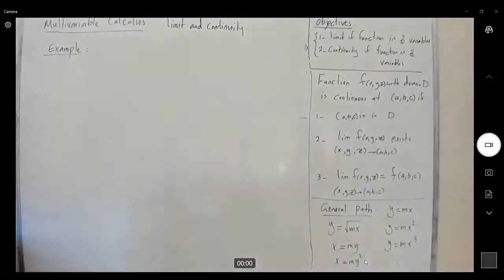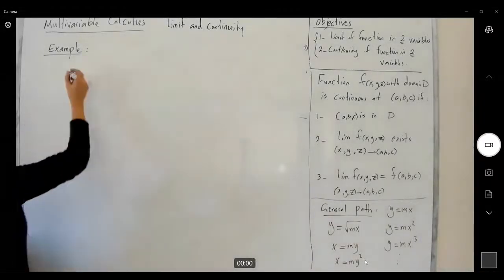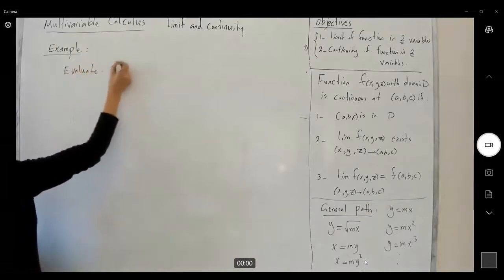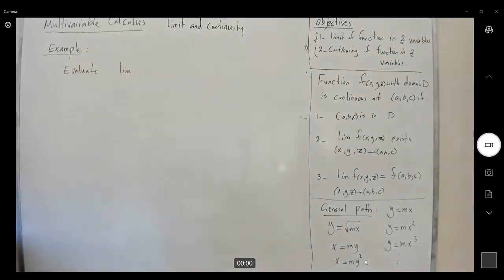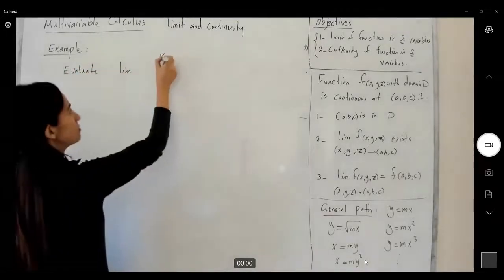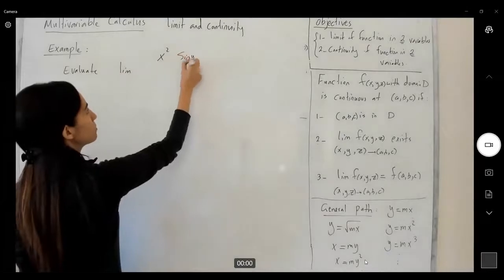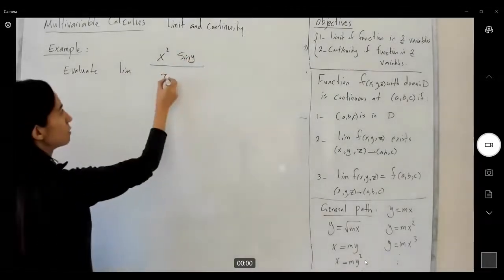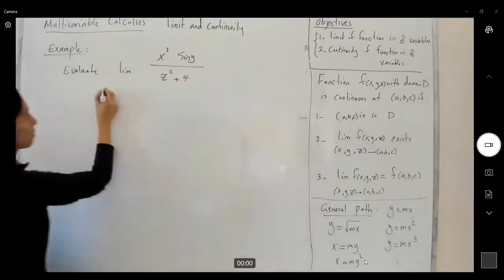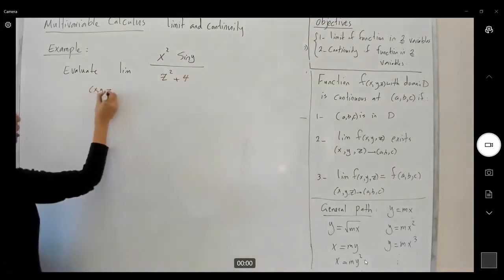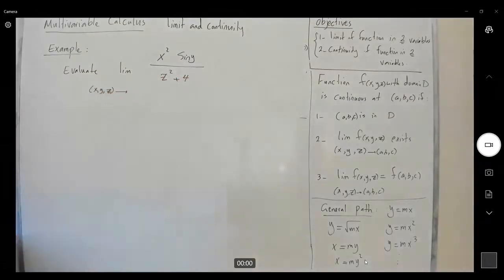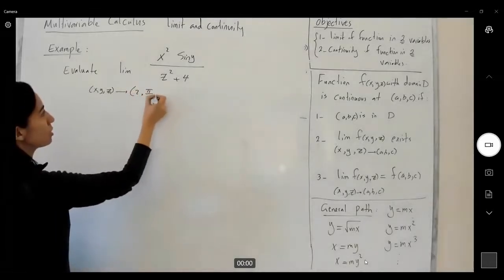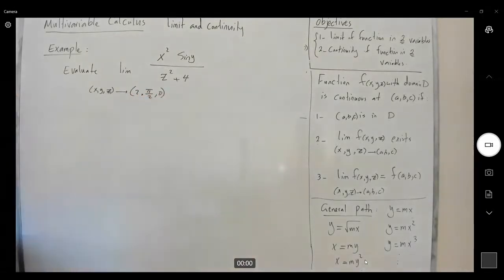For example, evaluate the limit of this function, x squared sine y divided by z squared plus 4, as x, y and z get closer and closer to 2, pi over 2 and 0.